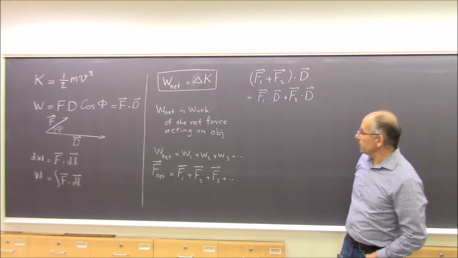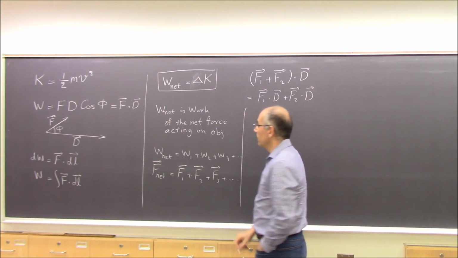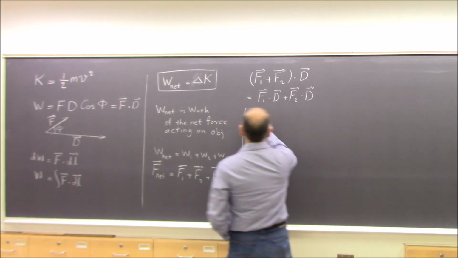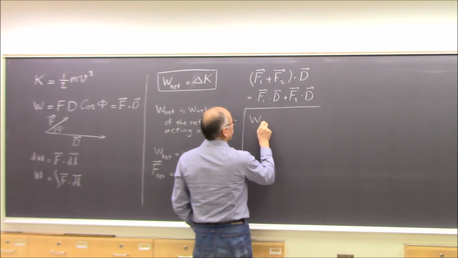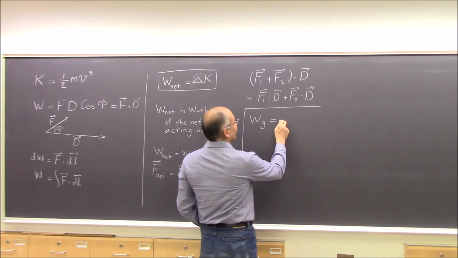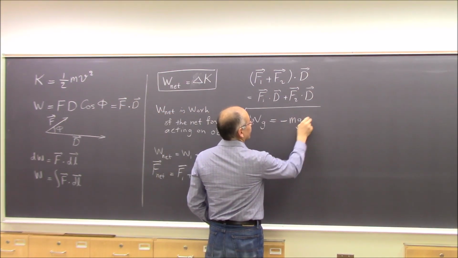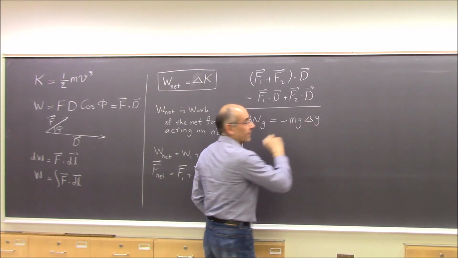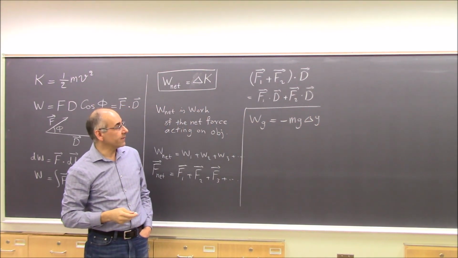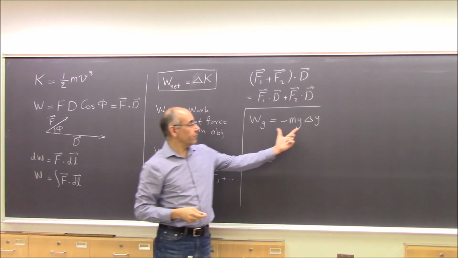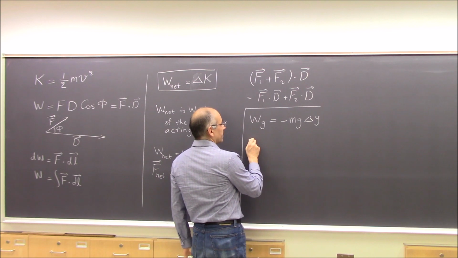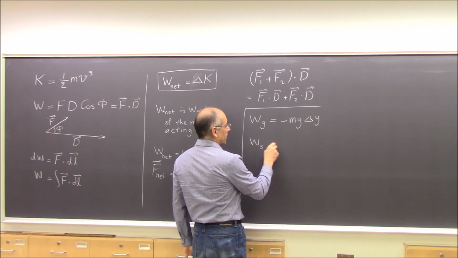And then we talked about the work for specific forces, like the force of gravity. So the work done by the force of gravity, Wg, is equal to negative mg delta y, where delta y is y final minus y initial, how much you go up in the vertical direction. That is, of course, when your y direction is upward, right? And then we said that W for the spring is what?